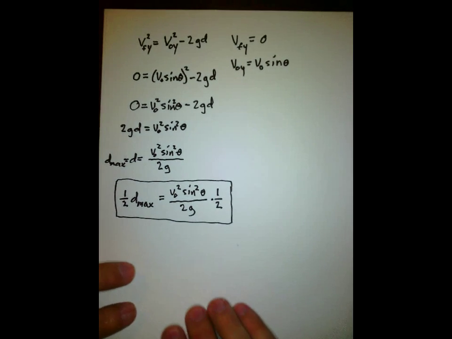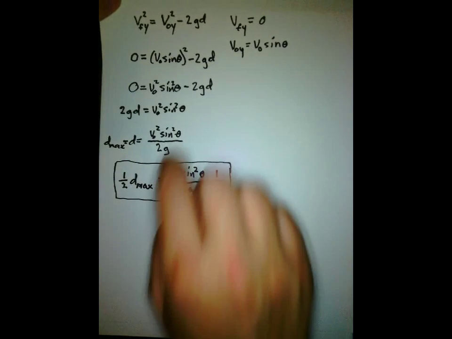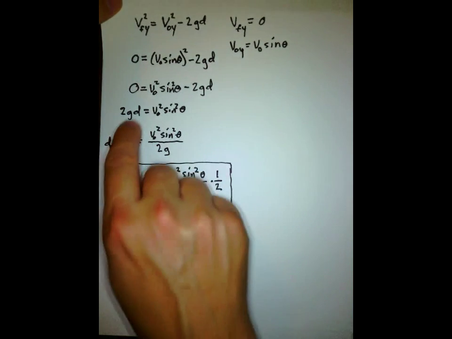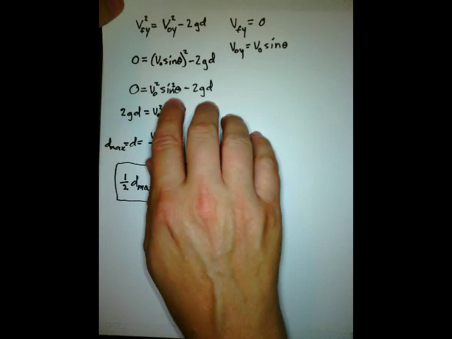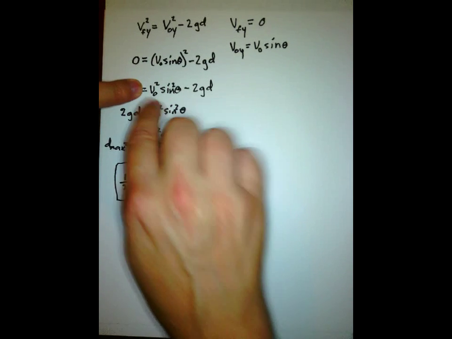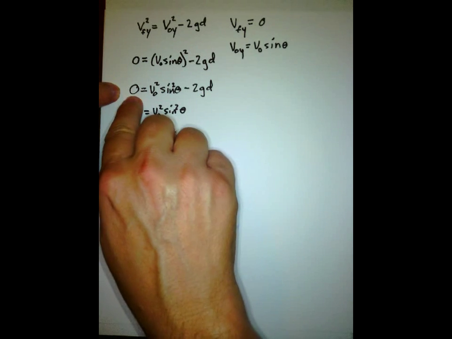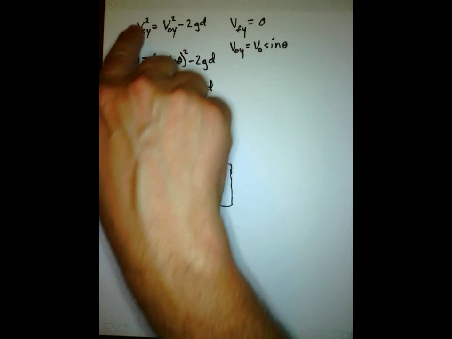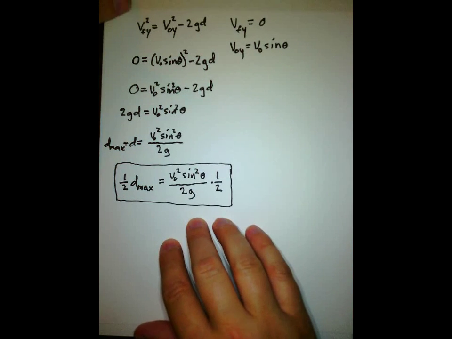So let me just do this so you'll see what I'm talking about. Alright, first I'm going to write down this equation, but instead of a 0 here, I'm going to put V final y squared.